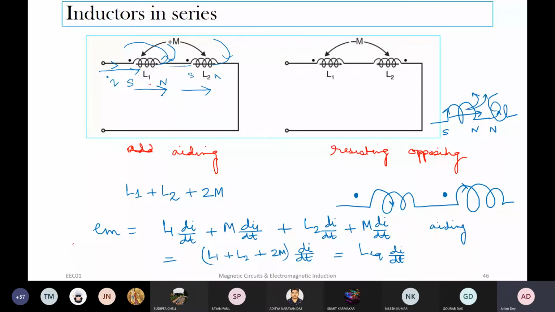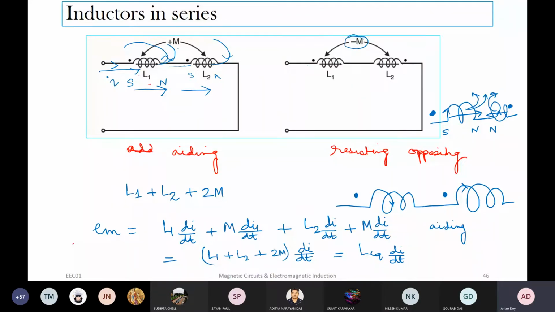In that case, we put the dot like this, the way it is shown. They have not shown exactly the direction of the winding, the nature of the winding, just by presenting these two dots in two different locations. For the first one it is entering, and for the second one it is outgoing, meaning the mutual inductance is opposing. So it is minus, and here it is plus.